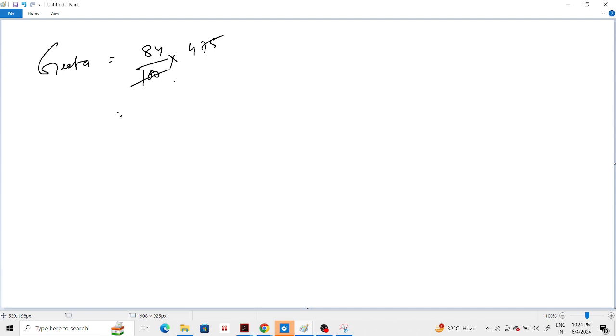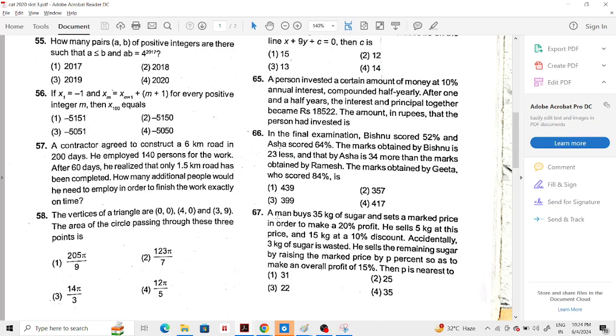So 25, I can do 25, 25 fours are... Okay. If you calculate it, you will get 399. That is option 3.